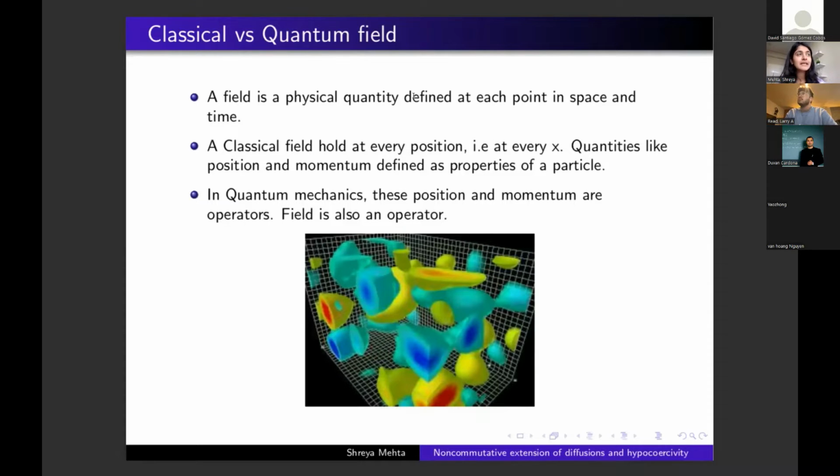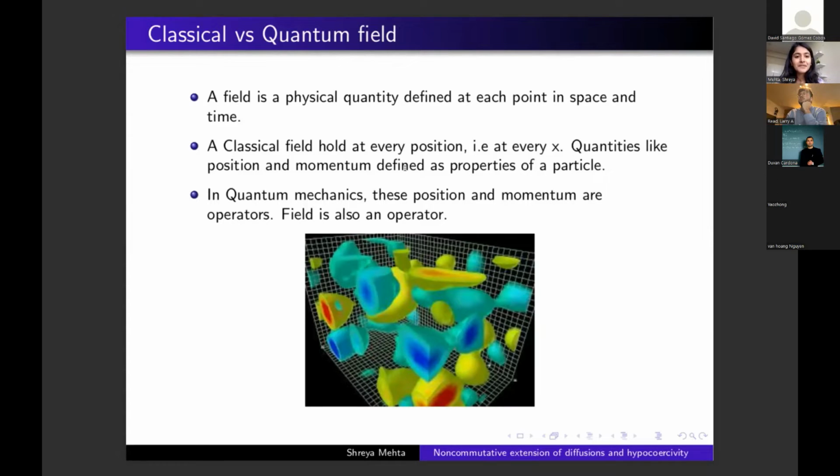So quantities like position and momentum are defined as properties of these particles, right? But in quantum mechanics, these quantities, which were mere numbers in classical fields, become operators. Then they do not necessarily commute, right? This means that these quantities cannot be defined precisely simultaneously, like in the classical setting.